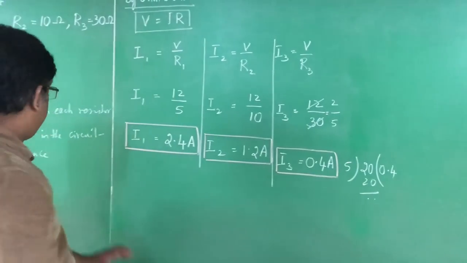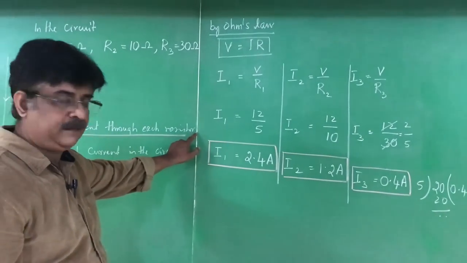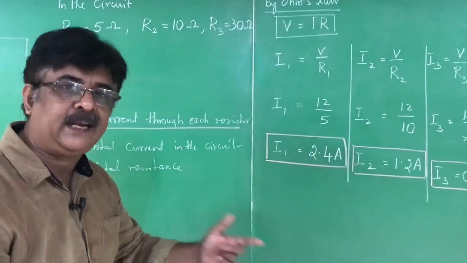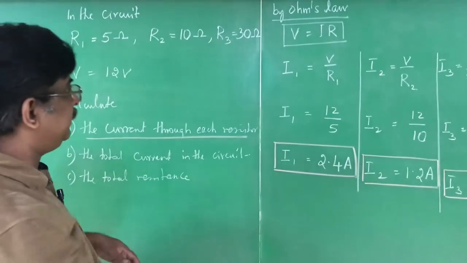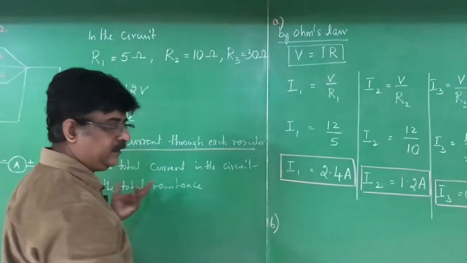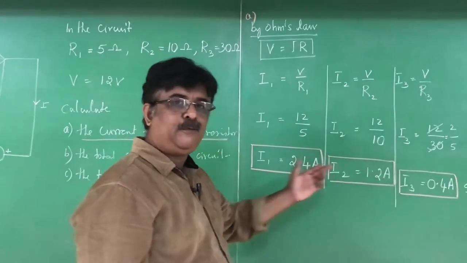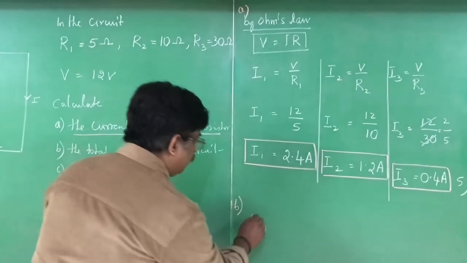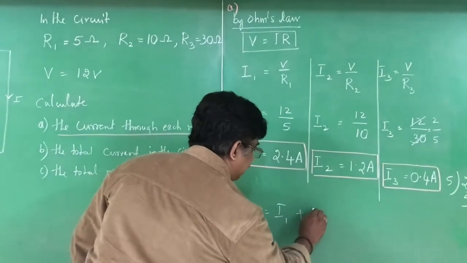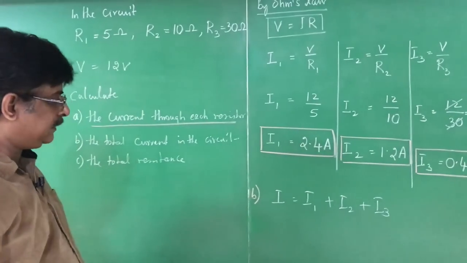The first part is over: the current through each resistor. Now the second question, the B part, is total current in the circuit. I know I1, I2, I3. If I want to find I, the total current, I is equal to I1 plus I2 plus I3.